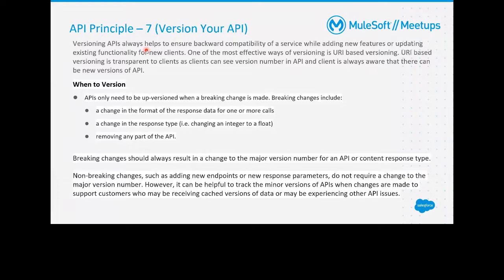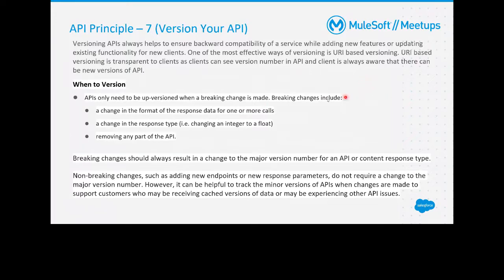Now, where should you keep the versioning? There are multiple ways that you can do it. Versioning is often used in the URI param, like let's say v1 slash employees, right? And then you have GET, POST, PUT, whatever. There are some people who follow adding the version in the query parameter, like they pass employees GET, and in the query parameter version equals 1.0.